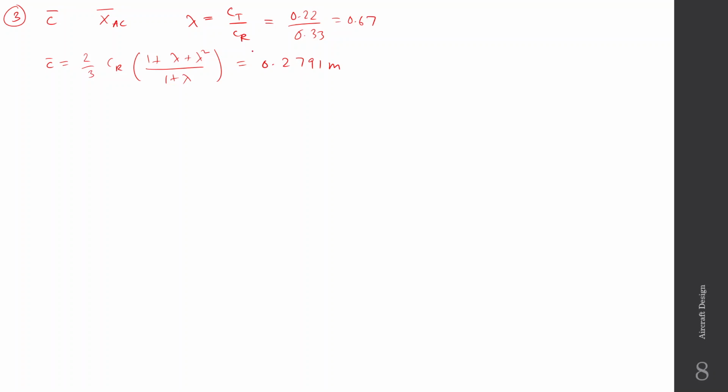Now we have to calculate the XAC location. This angle is given as 5 degrees, and if this is the mean aerodynamic chord, then this length comes out to 0.2791, right?